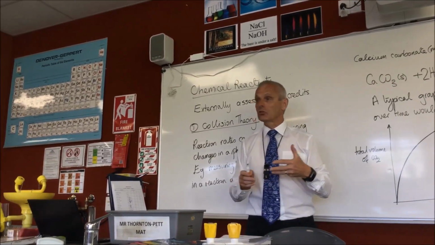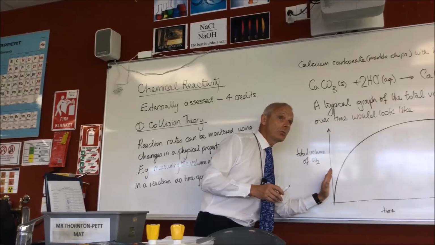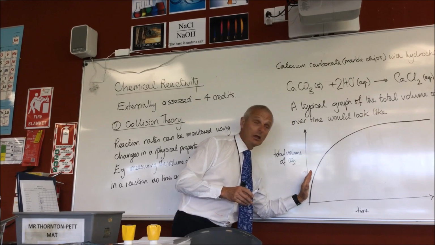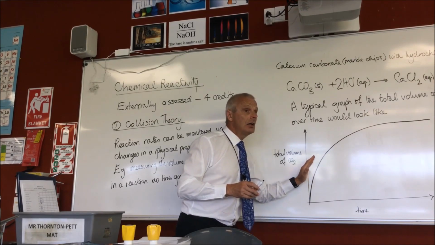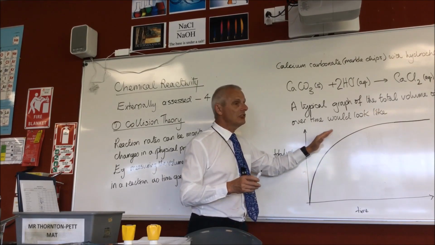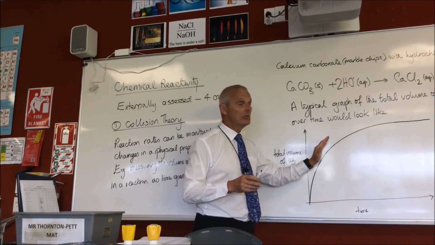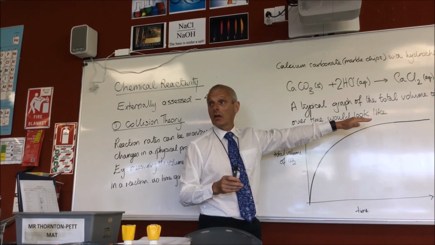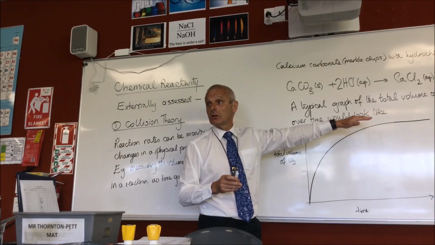So as time goes by, the slope is steepest at the beginning, which tells you that the reaction is fastest at the beginning. Then it's getting less steep, less steep, less steep, so that means it's slowing down, and eventually it's horizontal. And when it's horizontal, then the reaction has stopped.